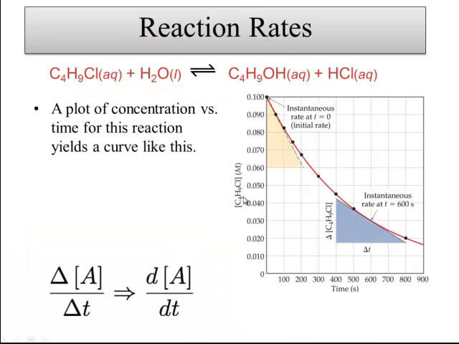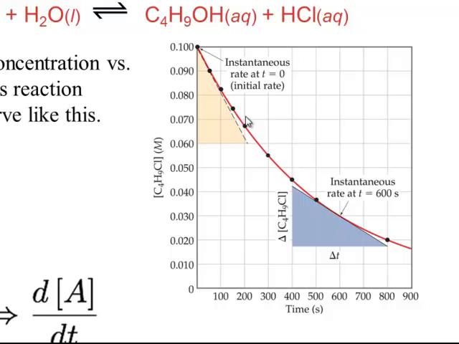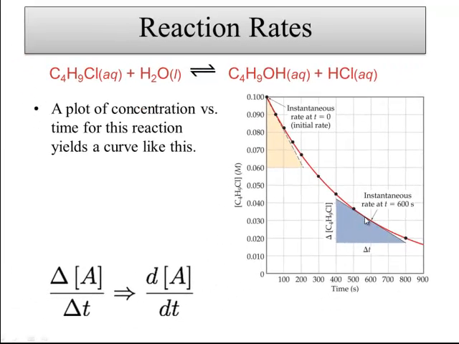Obviously, if we have to plot a graph of concentration of chlorobutane versus time, then the graph would show a decrease in the concentration of chlorobutane as time progresses, and the tangent at any point would represent the instantaneous rate of the reaction.